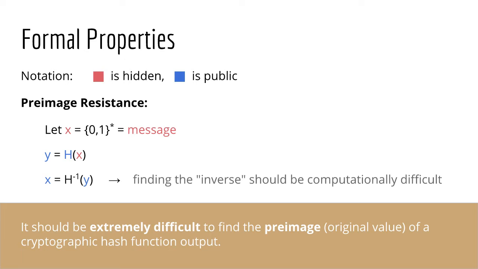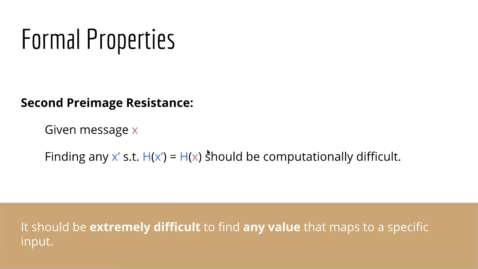It's a bit hand wavy, but essentially it means it should be computationally difficult, and there are stronger security proofs you can read into if you want to know more. In our hash notation, we essentially say if you have some public output y from some hidden input x, it should be pretty much impossible to find an inverse function that maps back to x. So that's preimage resistance.